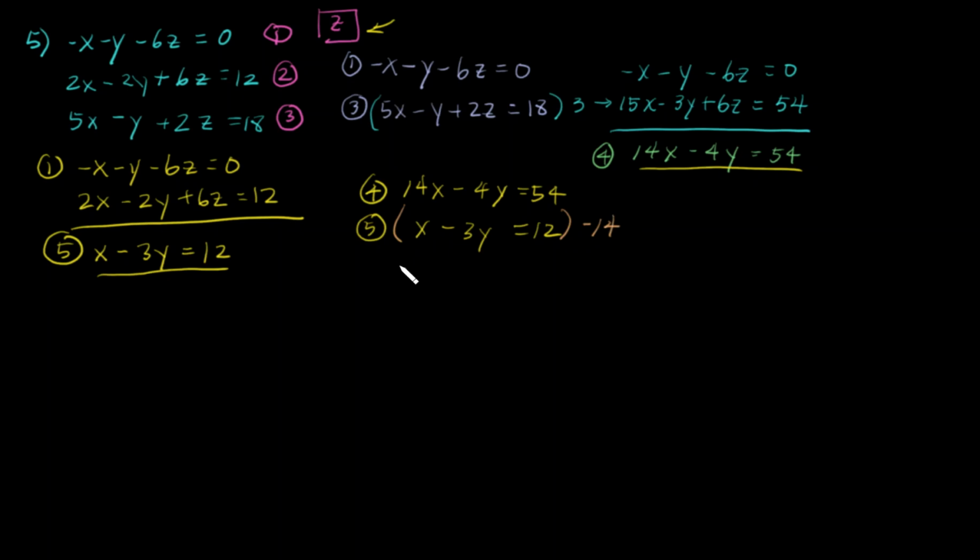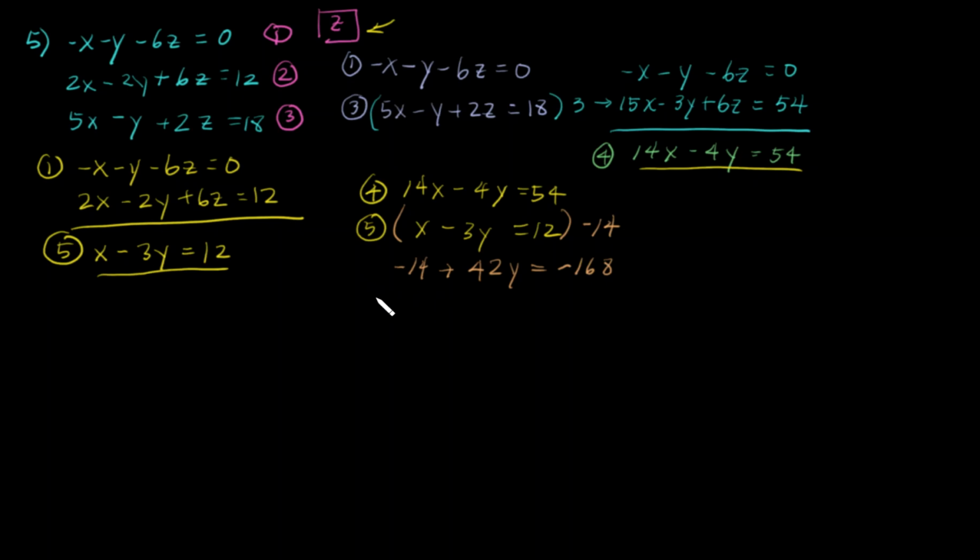Now when I do that, I get -14x plus, negative times a negative is a positive, 3 times 14 is 42, y equals 12 and -14, that's going to be a negative, 12 times 14, which is 168.